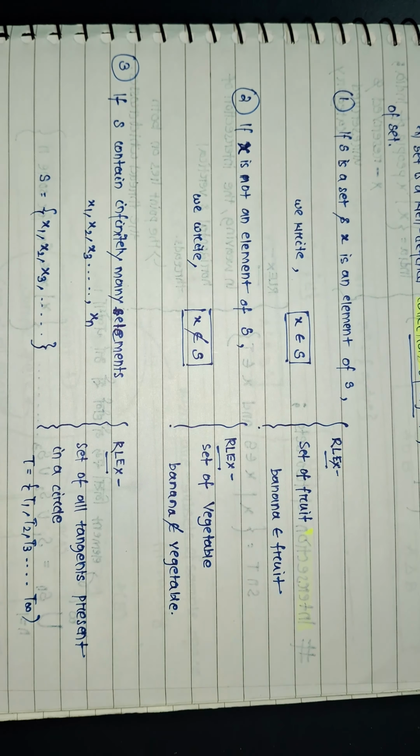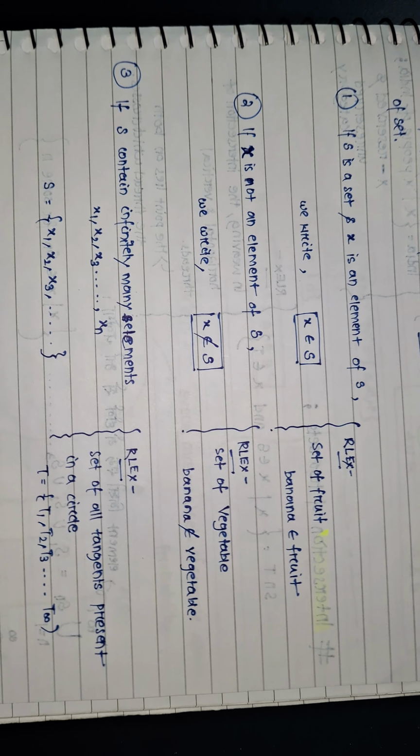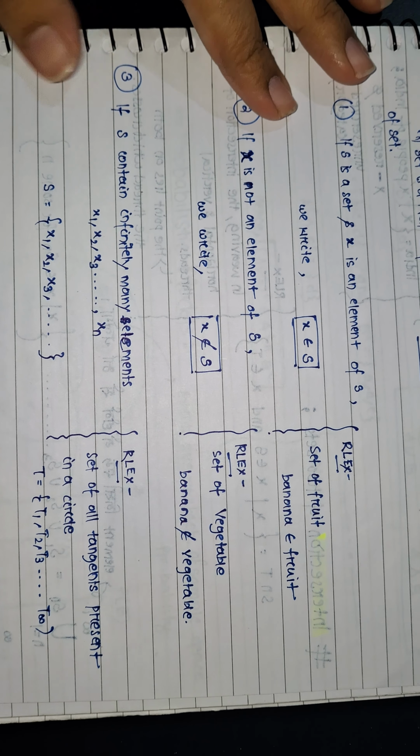So T has elements T1, T2, T3, T4, up to T can go up to infinity. Okay, let's move to the next.